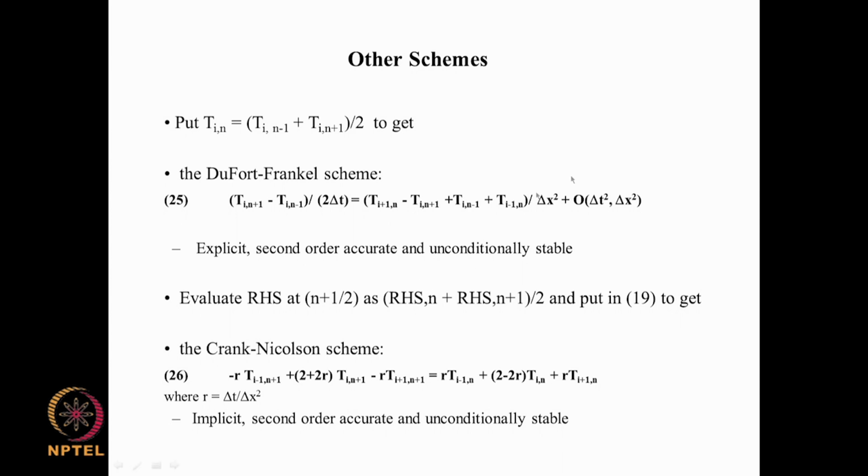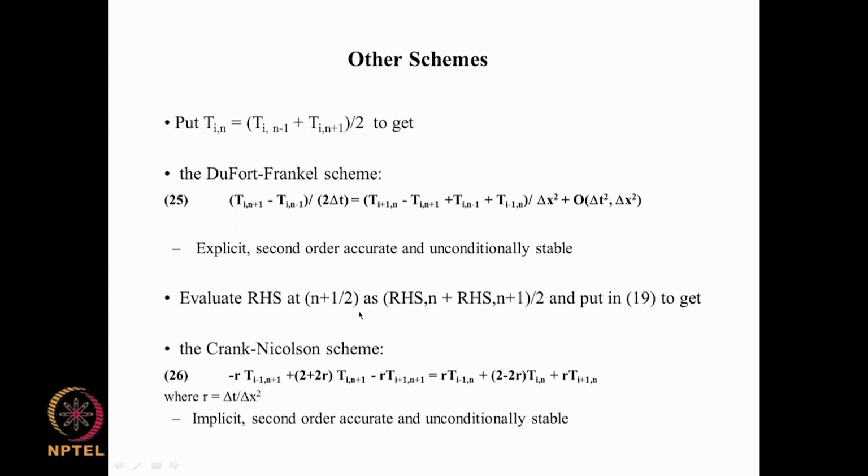So, this is an explicit second order accurate scheme, which is different from either 22 or 23, and we can also evaluate the right hand side not at n or not at n plus 1, but at intermediate values.